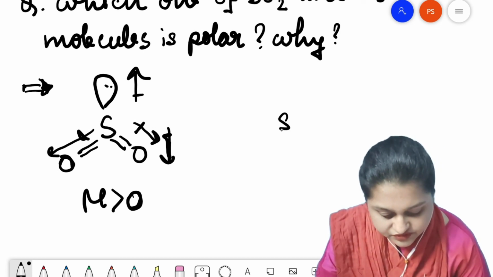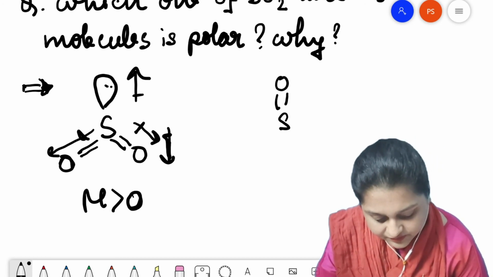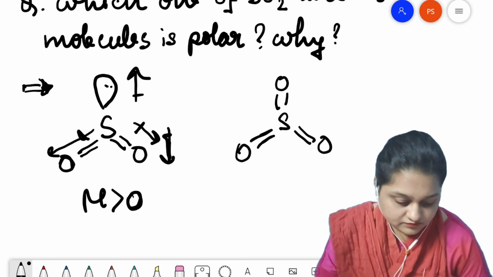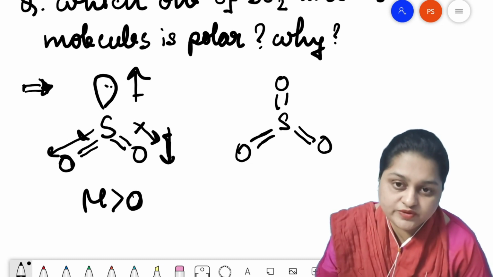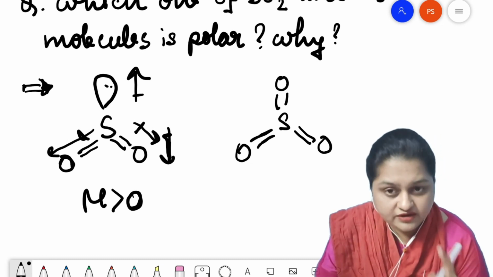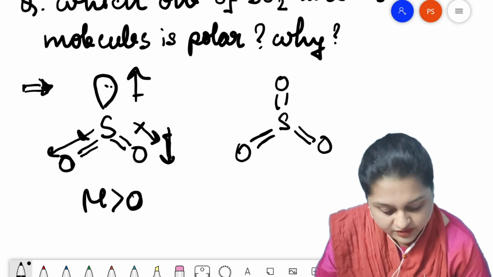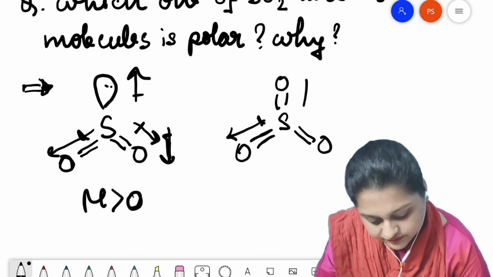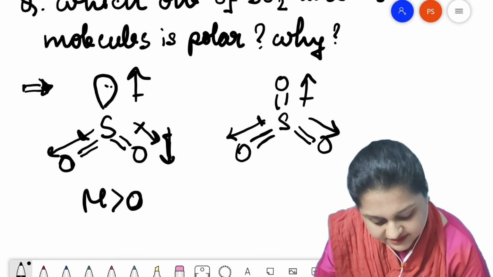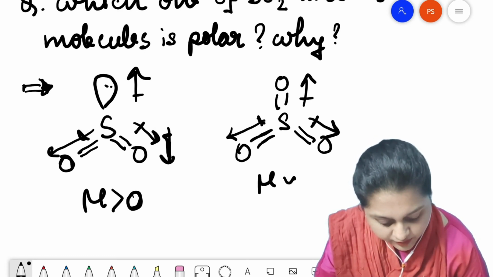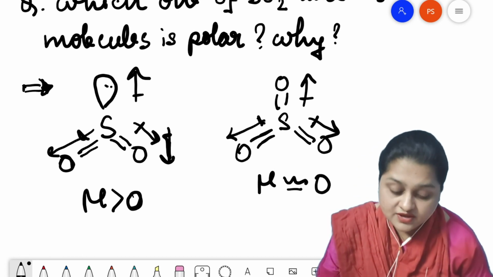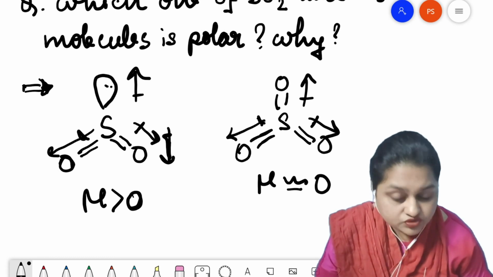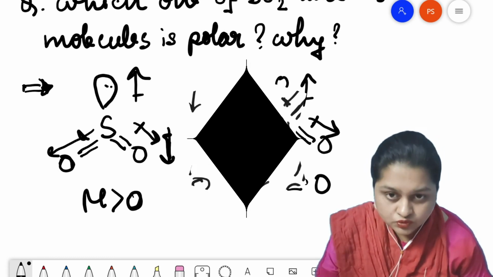But the structure of SO3 is this: three double bonded oxygens situated in the trigonal plane at a 120-degree angle, making the dipole moments cancel each other. So the dipole moment of SO3 becomes almost 0. Therefore, between SO2 and SO3, SO3 is non-polar, whereas SO2 is polar.